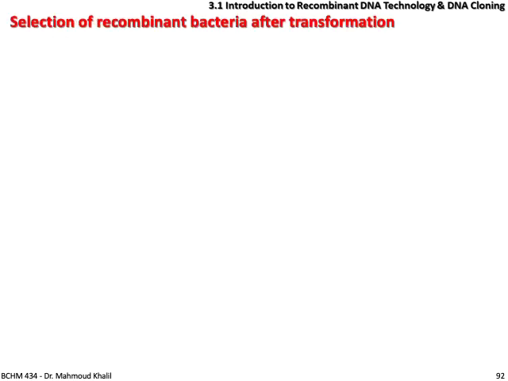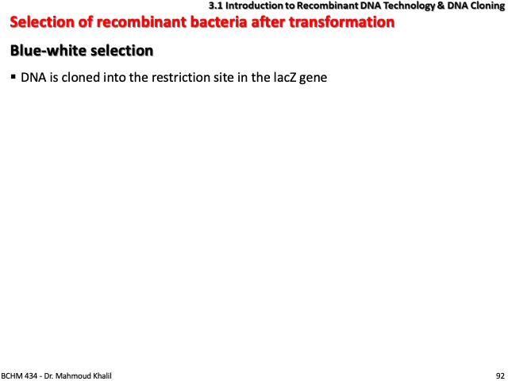So, continuing our talk about selection of recombinant bacteria after transformation, there is an easy way to select using a concept called blue-white selection. DNA is cloned into the restriction site, meaning the gene you want to insert inside the plasmid goes into the restriction site in the lacZ gene.